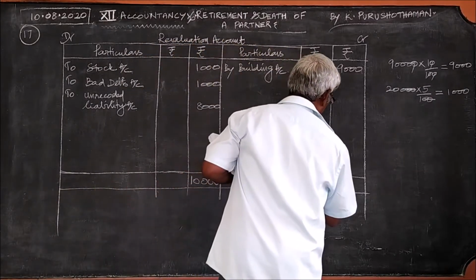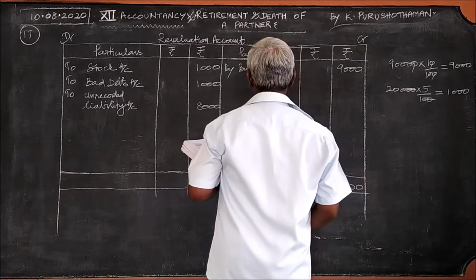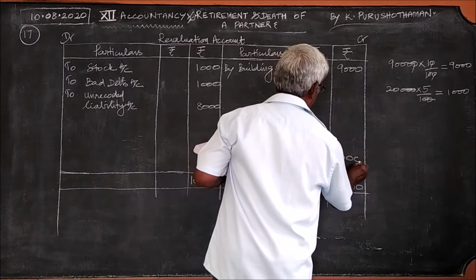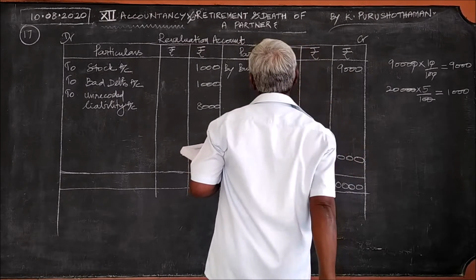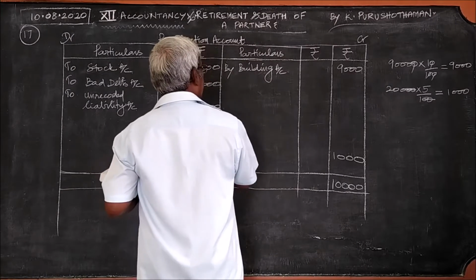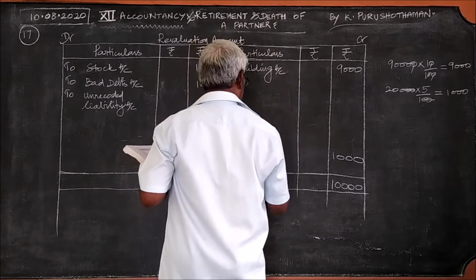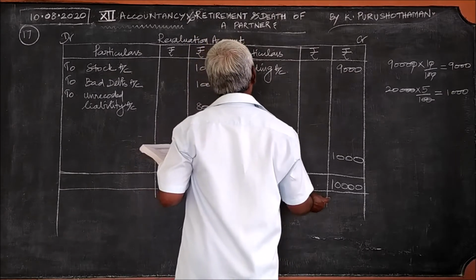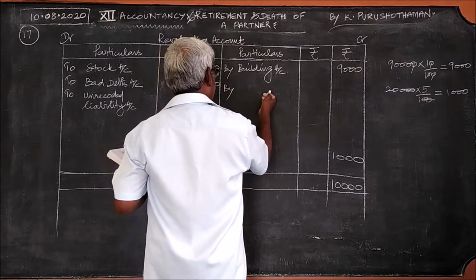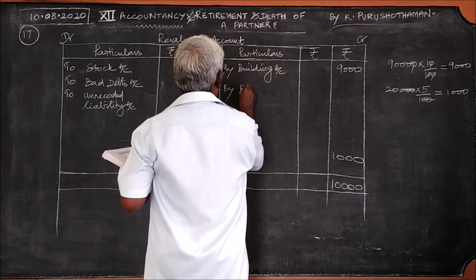You write 10,000 here. The balancing figure is 1,000. Here the total of the loss items is greater than the profit items. Therefore excess loss. Therefore here it is the balancing figure, by revaluation loss.